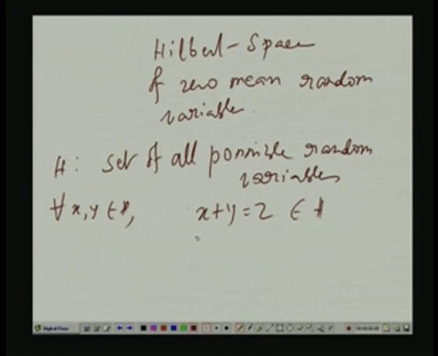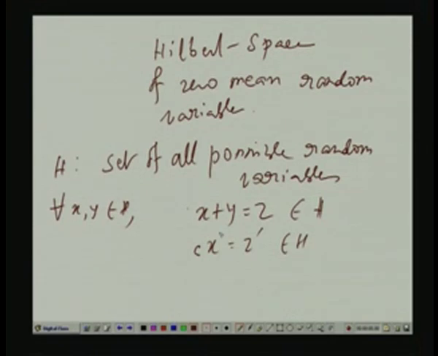Similarly, there is a rule of scalar multiplication. If you take C, C could be a real or complex number. In fact, for our case, we will be assuming the associated field of numbers to be complex. So, C is any complex number, and C times x, if you call it z prime, should also belong to H. There is a rule of scalar multiplication in the usual way: if x is a random variable and C is a scalar, C x is a second random variable.